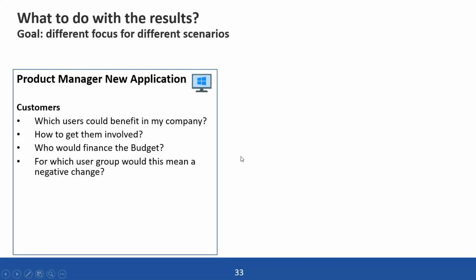So what is the difference for the customers or potential users if you are a product manager and want a new application? You're not asking about random new target groups outside of your company. In the best case, you already know your customers, and perhaps your company.